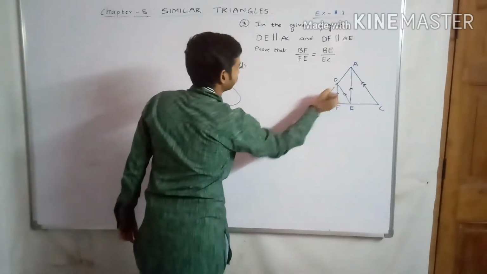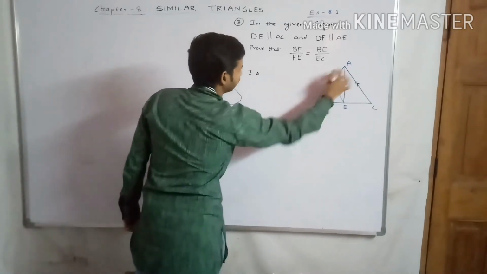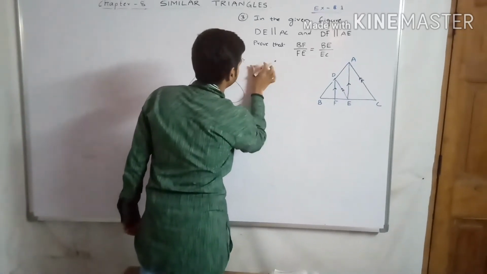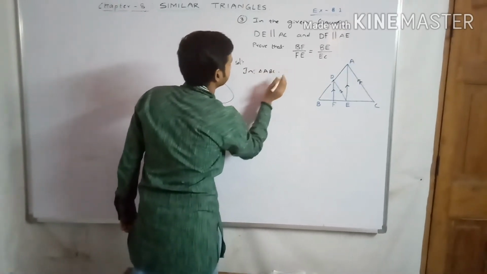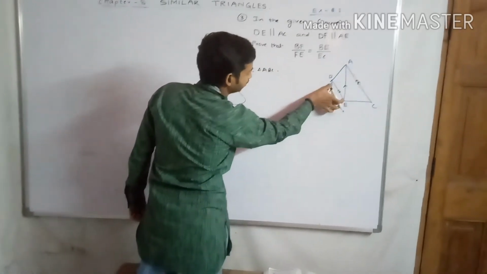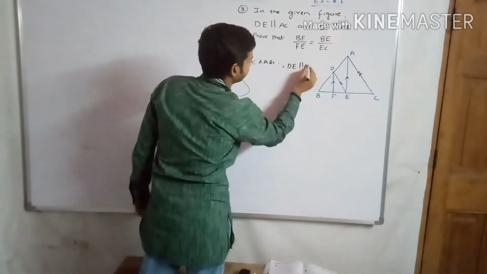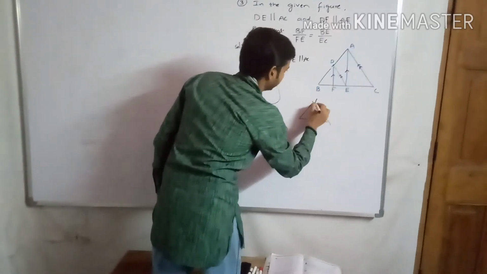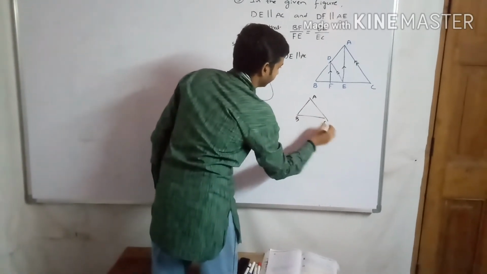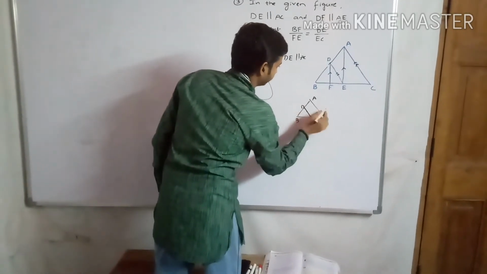First, consider triangle ABC. In triangle ABC, DE is parallel to AC.